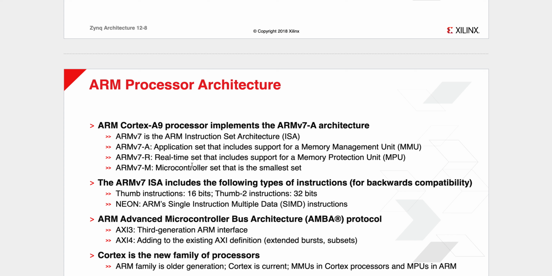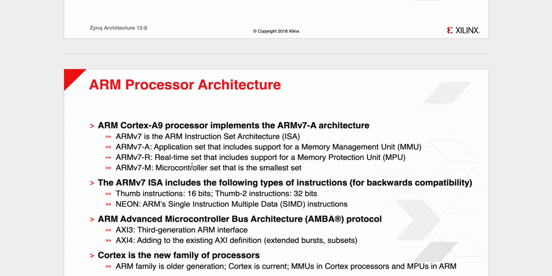The ARM v7R is a real-time set that includes MPU or memory protection unit, and the ARM v7M is the microcontroller, which is the smallest set.